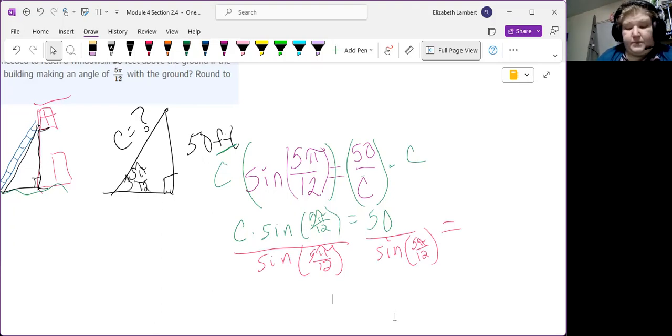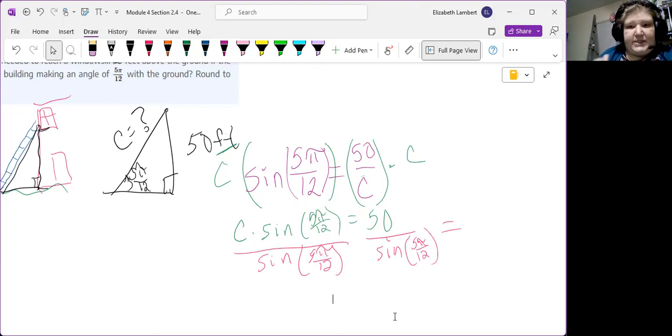All right. Sine of 5 pi over 12. Okay, I was in the wrong mode. So I got a ridiculously huge, like 2,000 something, and I'm like, there's no way this is a 2,000-foot ladder.